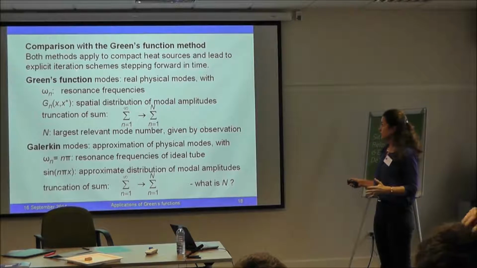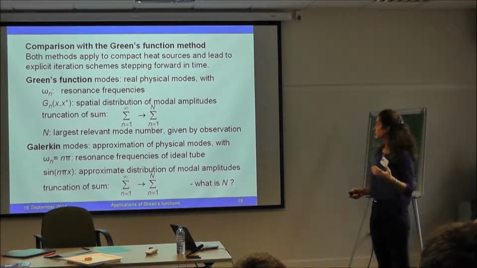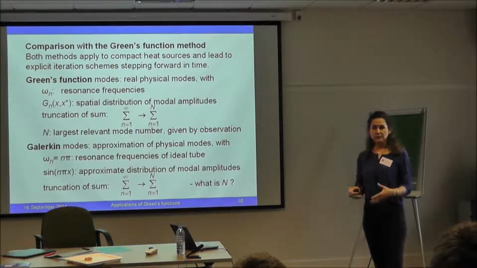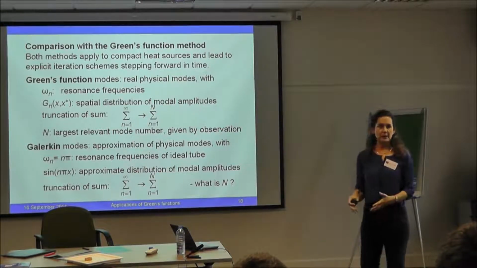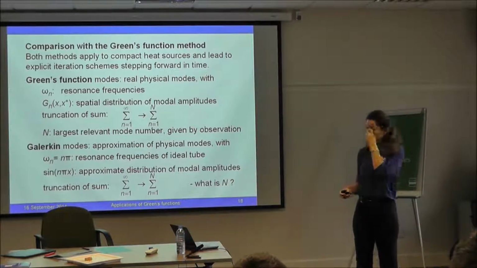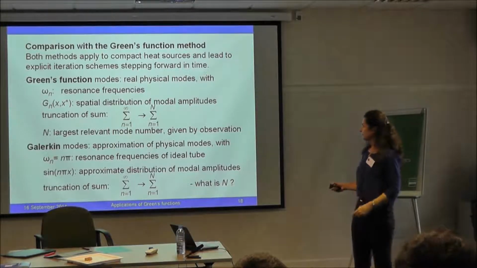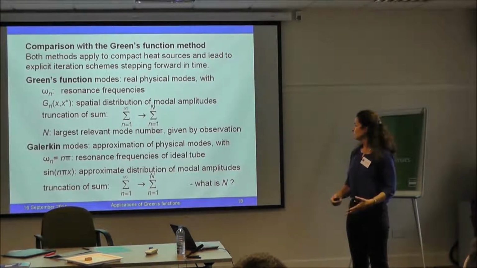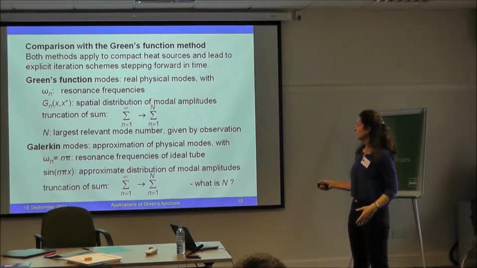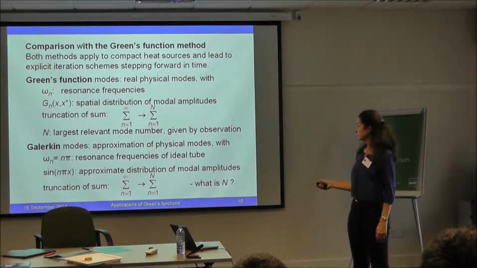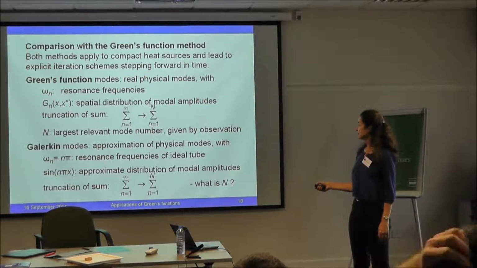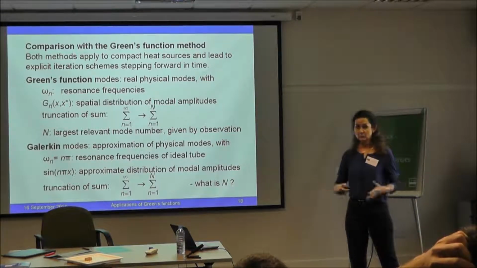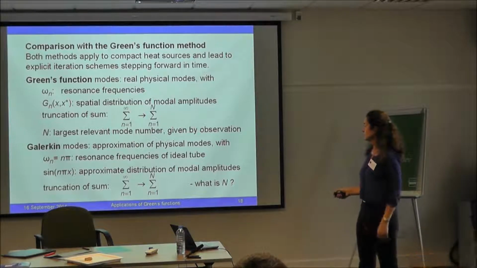They have a lot in common. Both methods apply to a compact heat source. They lead to explicit iteration schemes stepping forward in time, and so they work both for linear and nonlinear heat release laws. That's what they have in common. The differences are that with the Green's function approach, we involve real physical modes with the resonance frequencies of the system, the omega n's, and the spatial distribution of the modal amplitude, which is also an accurate physical representation.